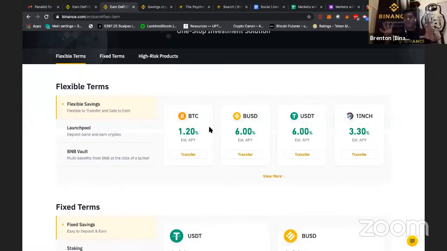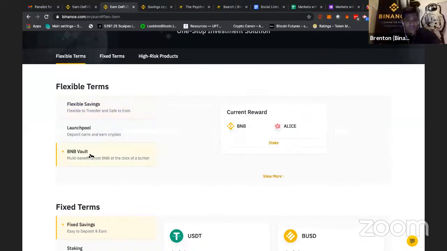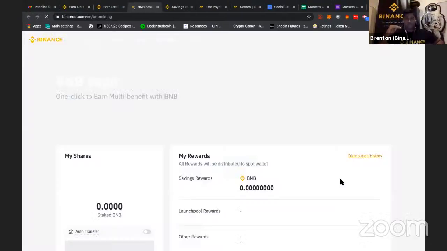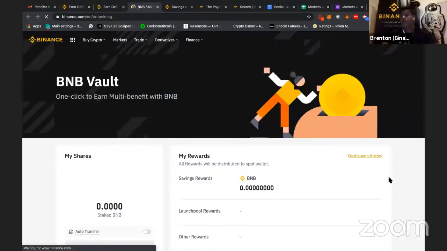And instead of you, for example, saying, I want to take my Binance coin and put it into flexible savings to earn more Binance coin, or I want to take my Binance coin and put it into launch pool to earn some exciting new projects, you get the best of both worlds. So with the BNB vault, you can actually stake your BNB and earn BNB plus some really exciting other products. So projects, sorry.